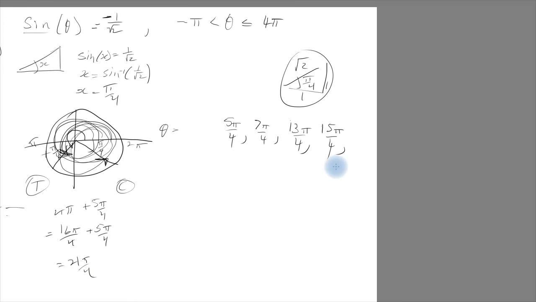The next one's 23 pi on 4, running out of space as you can see, and so on. Now notice we're only going up to 4 pi here. So 15 pi on 4 is smaller than 4 pi, but 21 pi on 4 is larger. So we've got to not include those last two because they are not in our domain.